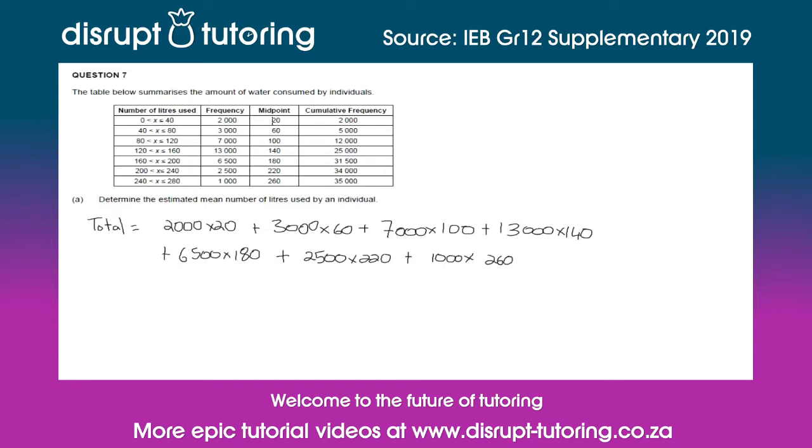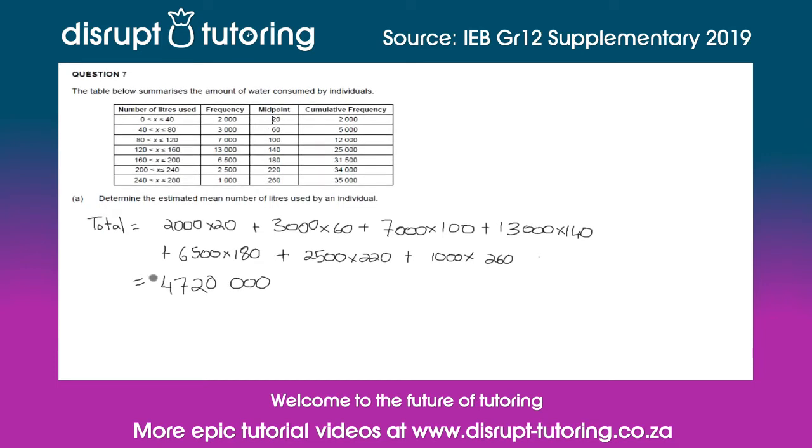Doing all of this, we get that this equals 4,720,000. So that's straight in your calculator, and this is your liters.